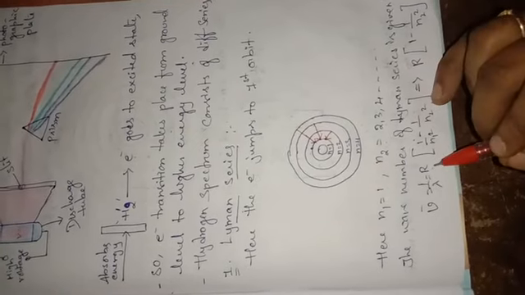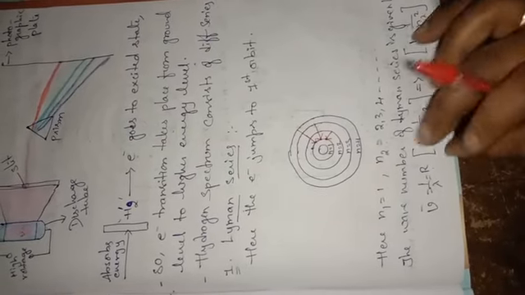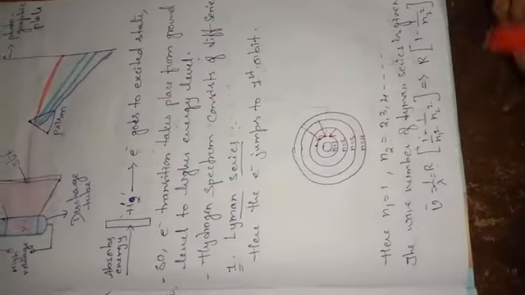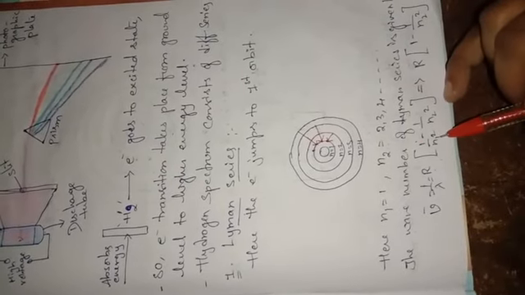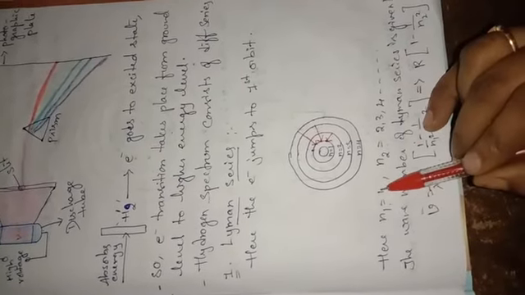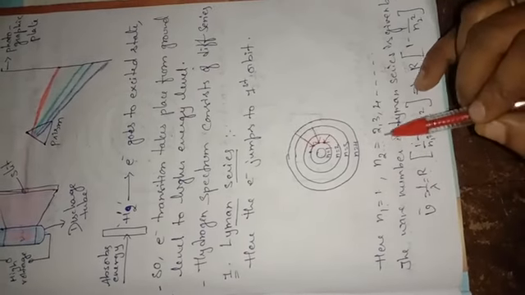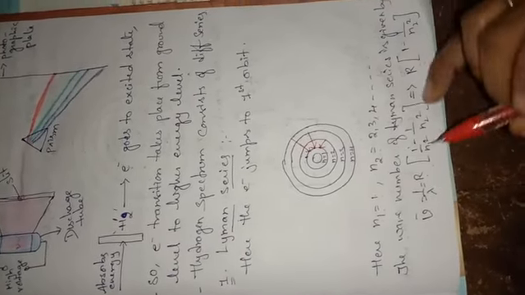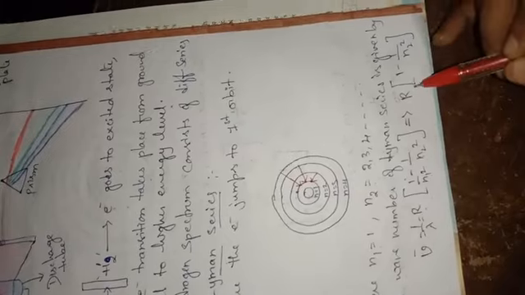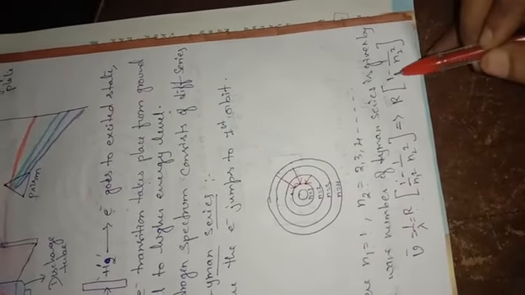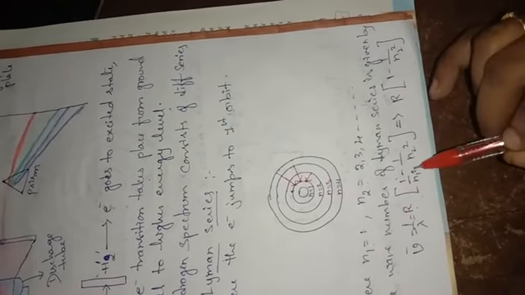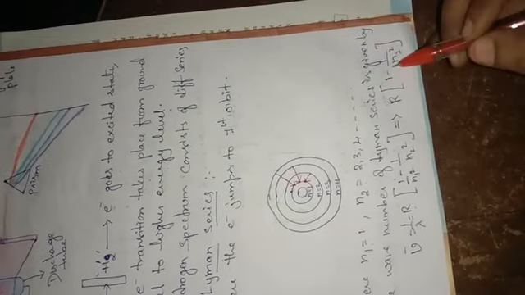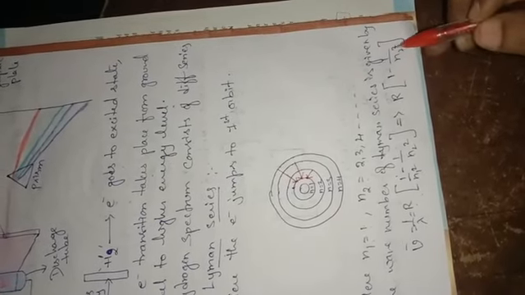Here R means the Rydberg constant. I will give the value at the end of this concept. And n1 here is 1, isn't it? n2 may be 2, 3, 4, anything. So this formula becomes R into 1 by 1 square, that is 1, minus 1 by n2 square.